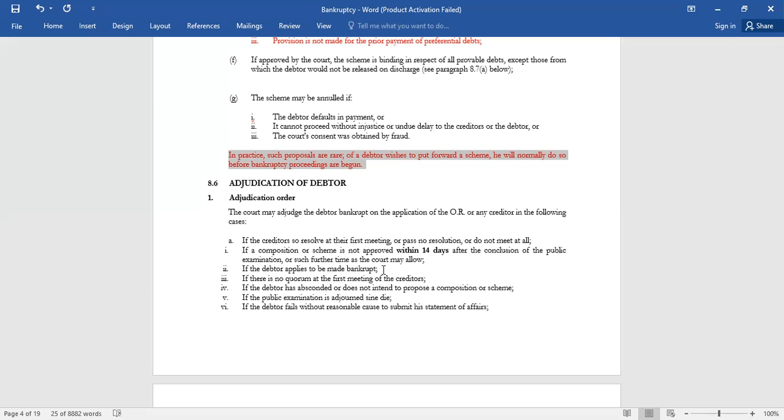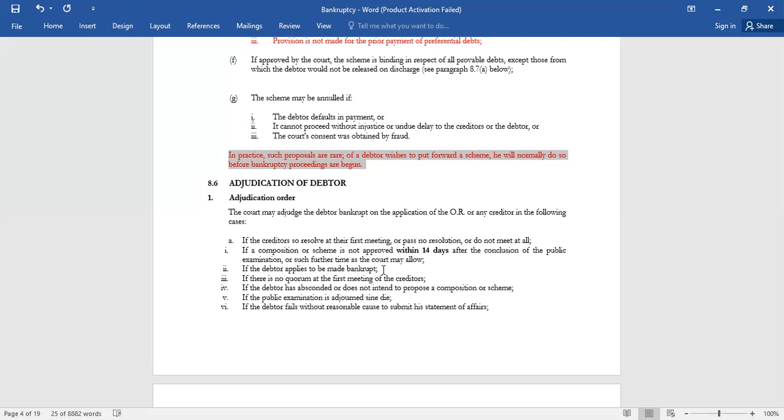Or if the debtor applies to be made bankrupt. There are situations where you will walk yourself into a court of law and say, as it is, I want to confirm that I'm unable to meet my obligations, right? So if the debtor applies to be made bankrupt, which is a rare occurrence.